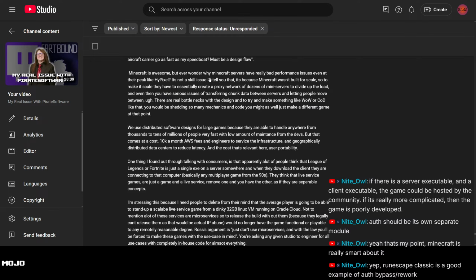I don't know if I agree with this, right? I do agree that Minecraft wasn't built for scale. The game wasn't built to scale locally though, right? That's the issue. Minecraft has a CPU bottleneck.